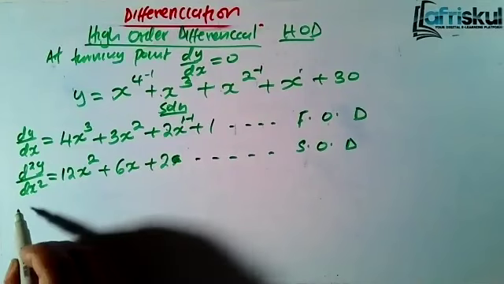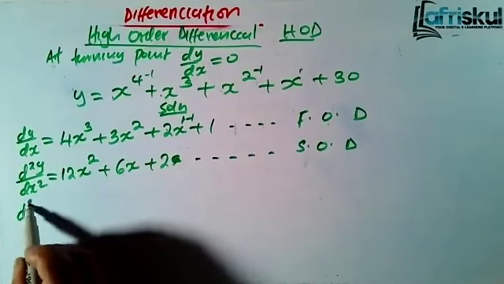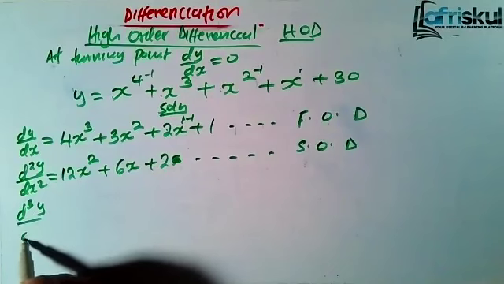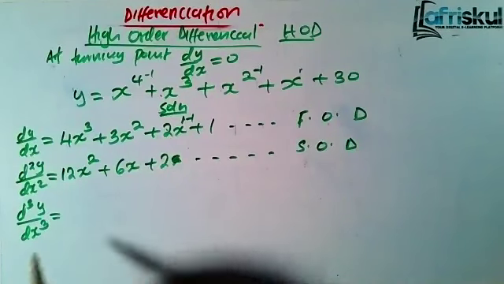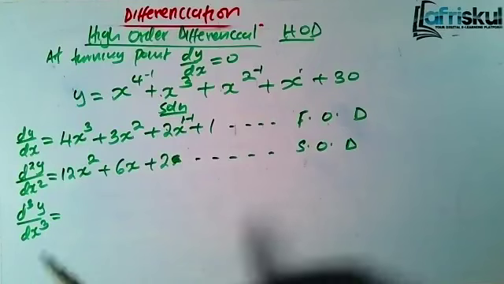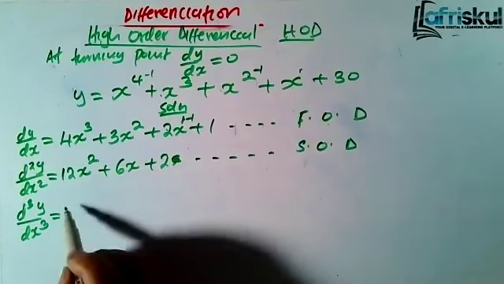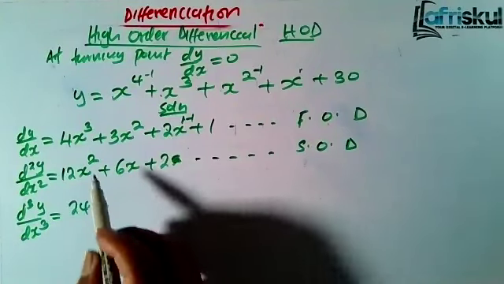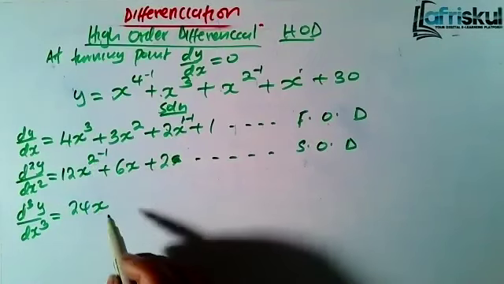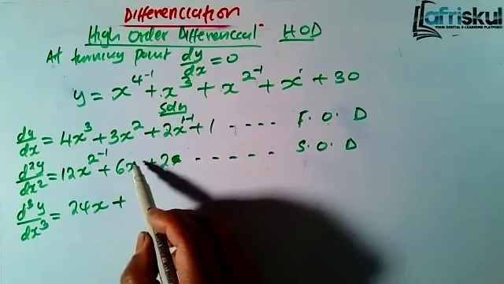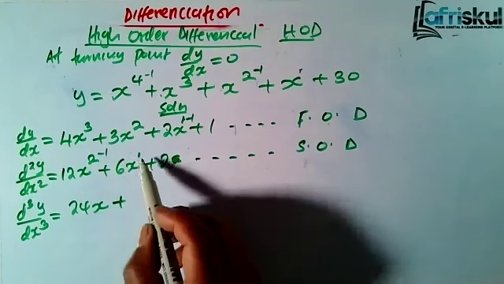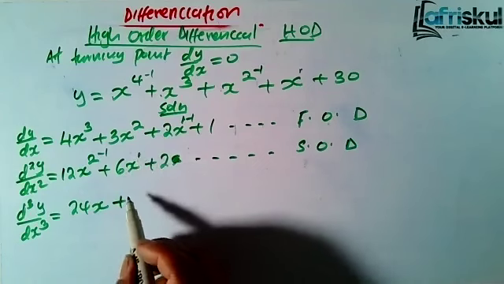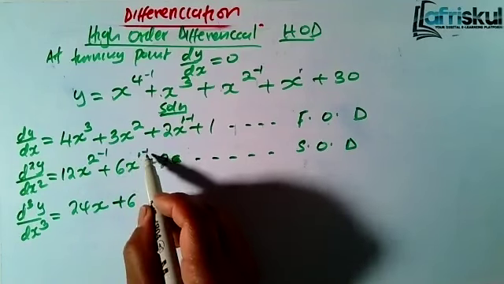Then, let's go to the next, the third one is d3y over dx cubed. We are doing the third differentiation. So it will be 2 times 12, you get 24x, you subtract one it's x, plus this is 6x raised to power 1. So it will be 1 times 6, so it will be 6, then you minus 1, it becomes 0.